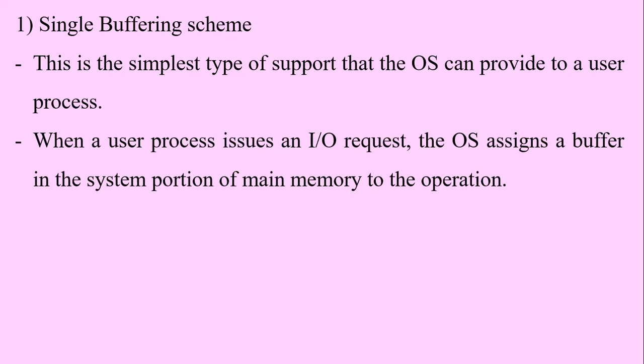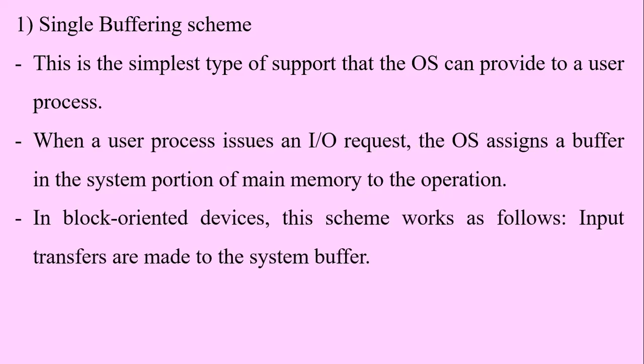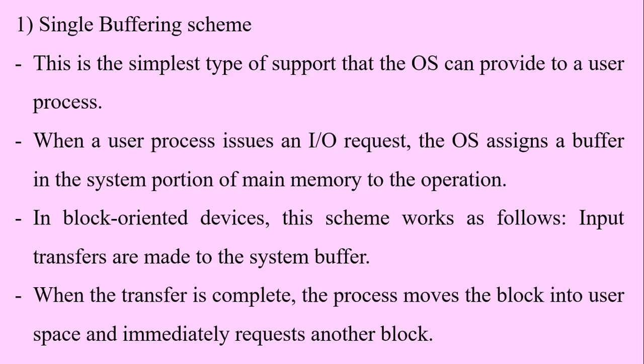The operating system assigns a buffer in the system portion of main memory to the operation. In block-oriented devices, this scheme works as follows. Input transfers are made to the system buffer. When the transfer is complete, the process moves the block into user space and immediately requests another block.